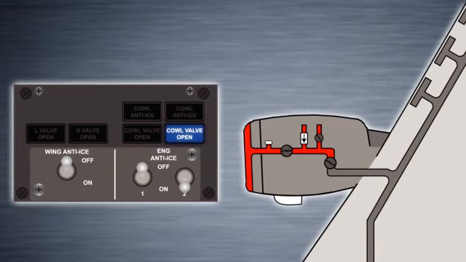The regulator modulates the valve to limit downstream pressure to 50 psi maximum. If the regulator fails and pressure increases beyond 65 psi, the cowl anti-ice light on the forward overhead panel illuminates. Illumination of either cowl anti-ice light triggers a master caution and the anti-ice system annunciator light.